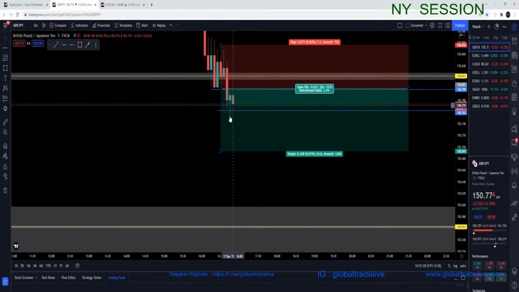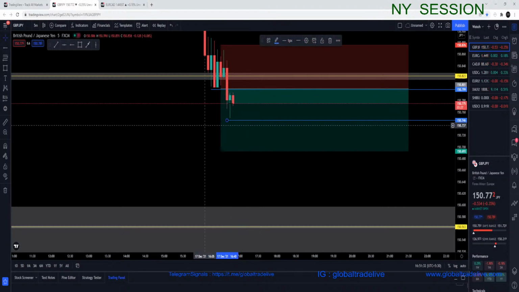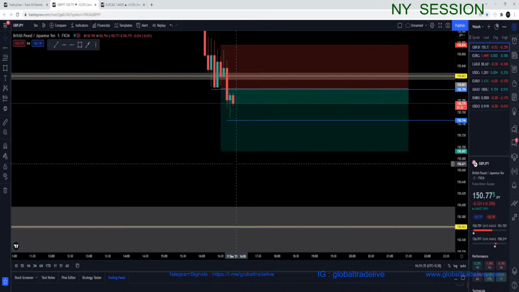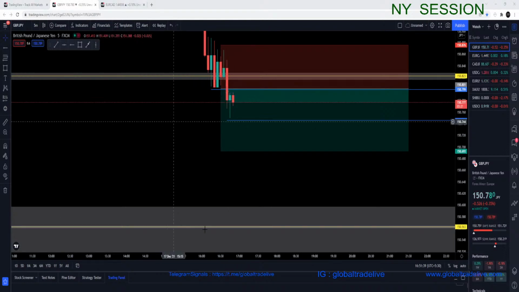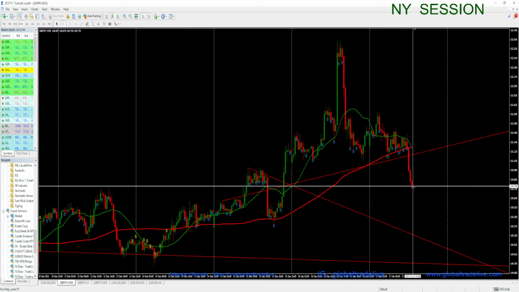Let's hope that this candle will be breaking this low, because if that happens, then this will become a resistance and price should be moving all the way down with no problem. And that will be downfall of 1 hour candle as well. Yeah, 30-minute candle, it really looks like it will be moving all the way down from here.